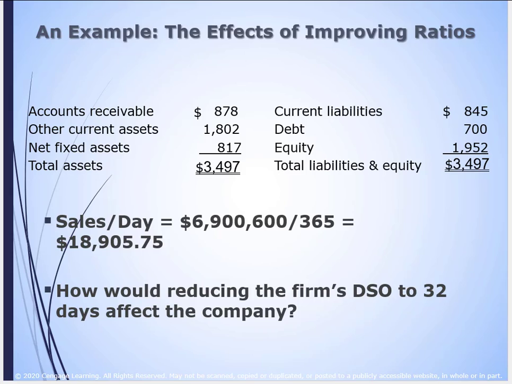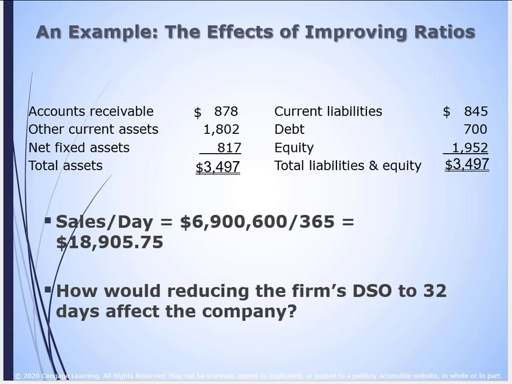So now let's look at what happens as managers when we analyze a company. What happens if we want to make a change? We see something that we don't like and we want to make a change. So in this case, we're going to talk about receivables. This company has $6.9 million in sales.